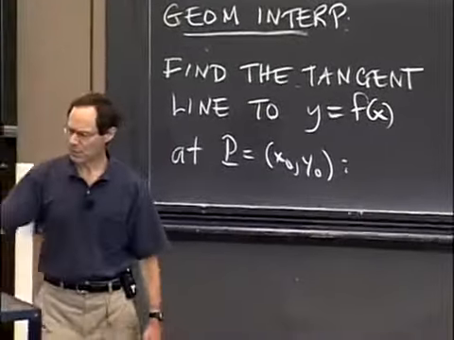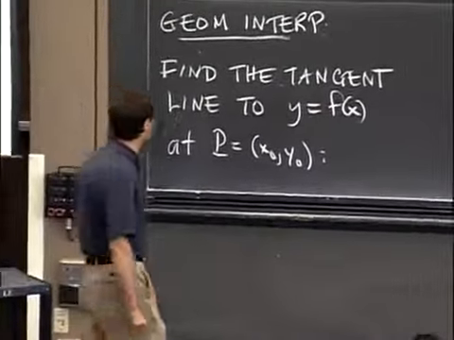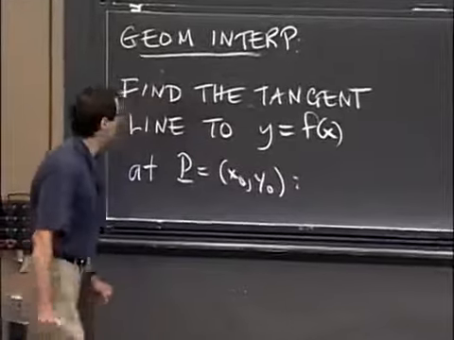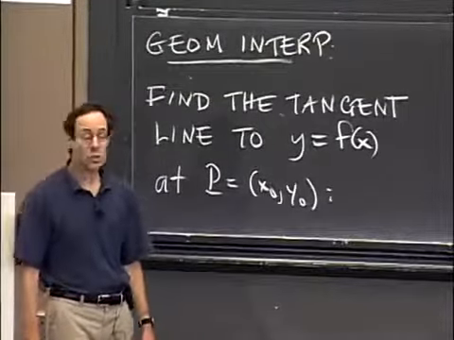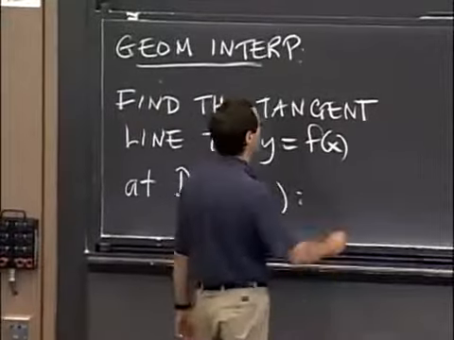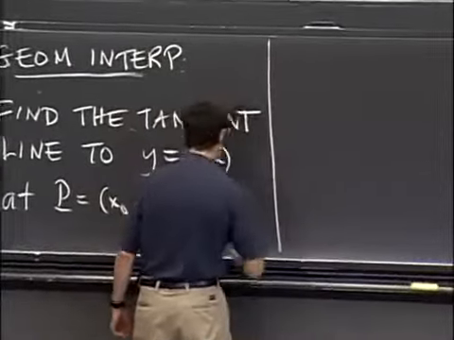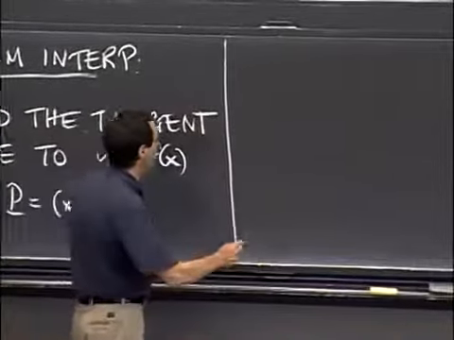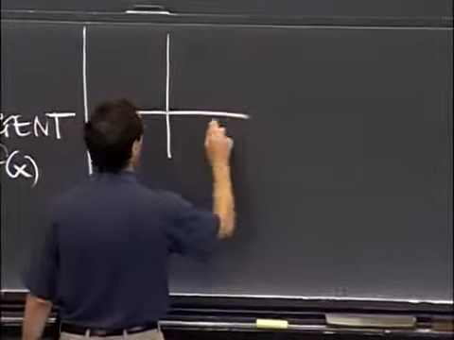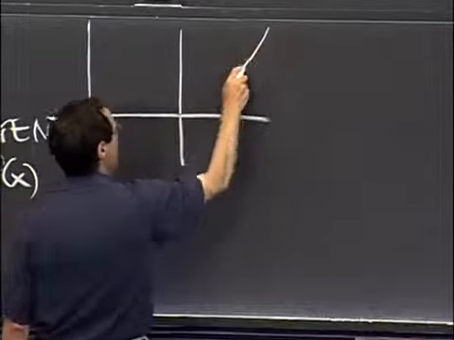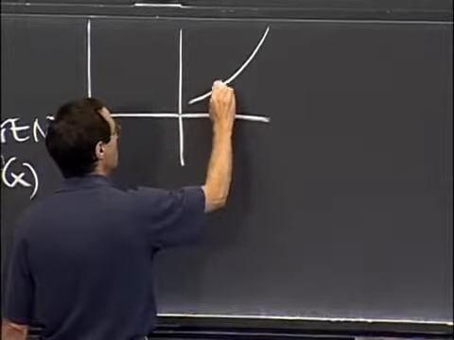All right. So here's our problem. And now let me show you the solution. So, well, let's graph the function. So let's say here's its graph, and here's some point.